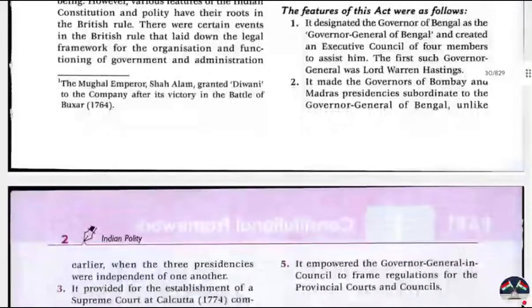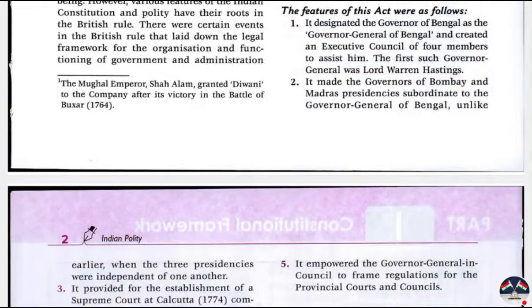So, what is this act? The features of this act were as follows. First, it designated the Governor of Bengal as the Governor General of Bengal and created an exclusive council of 4 members to assist him.